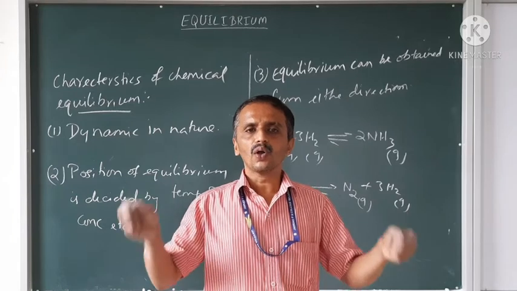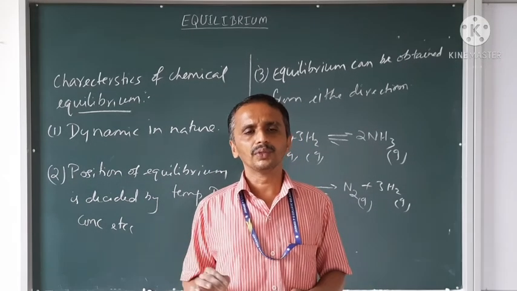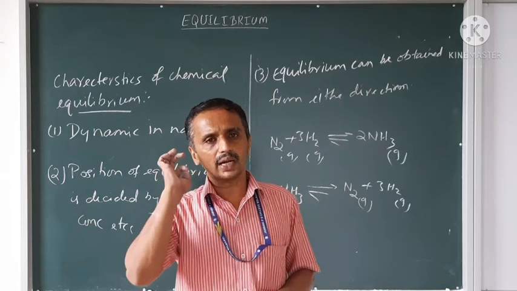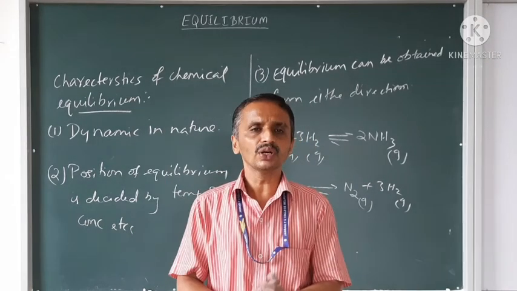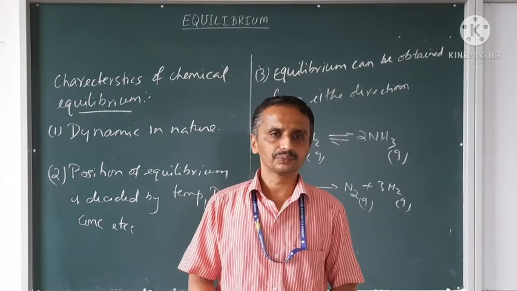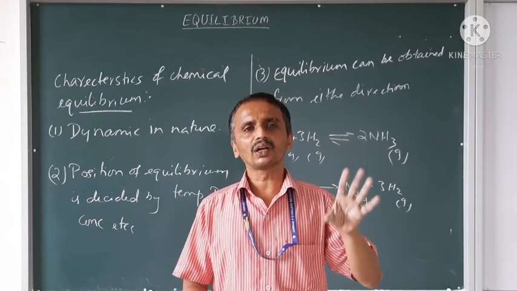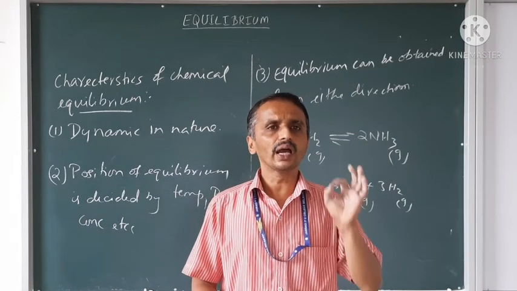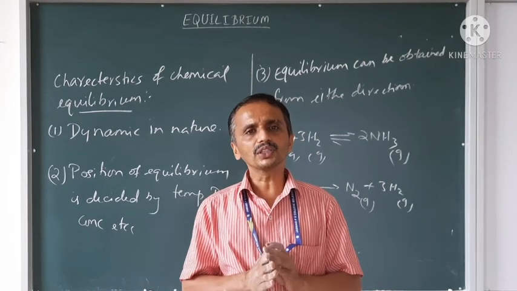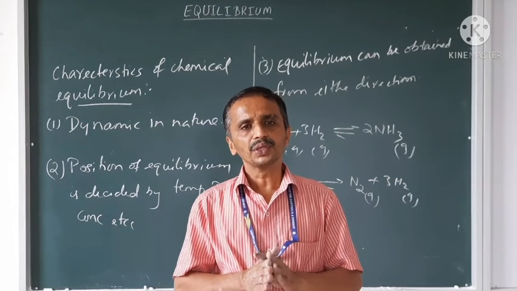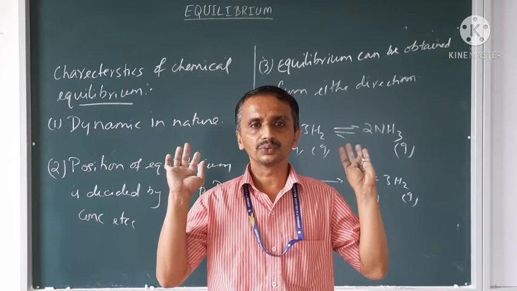And remember here, the catalyst will not do anything for the equilibrium because a catalyst cannot differentiate the forward reaction or the backward reaction. What they do is increase the rate of forward reaction and the rate of backward reaction to the same extent. Because of this, equilibrium will not be affected by the catalyst.